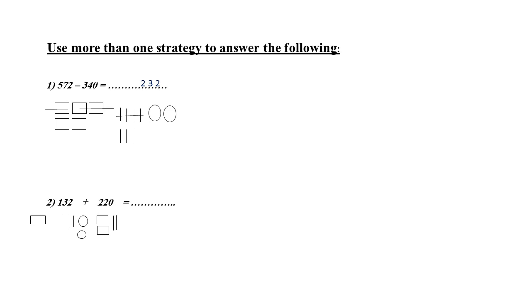And I will do addition. 2 plus 0 equal what? They are here 2 circles, so I will not add any circles to them, so I will write 2. And what about the sticks? I have 3 sticks and 2 sticks, they are 5. And if you do 3 plus 2, it will give you 5. 1 plus 2, they are 1 square here and another 2 squares.